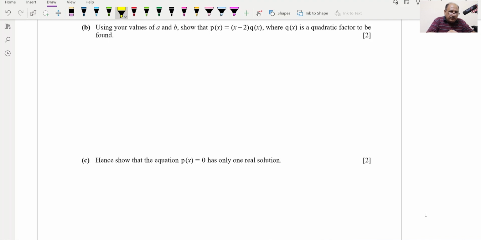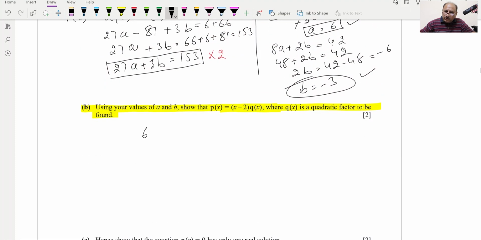Now same question number 3, the b part. Part b is saying, using your values of a and b, show that p of x is equal to this one, where q of x is a quadratic factor to be found. So what we can do, we will take the same equation. The value of a is 6.